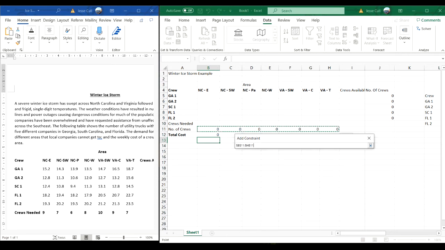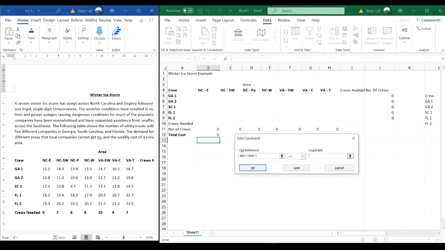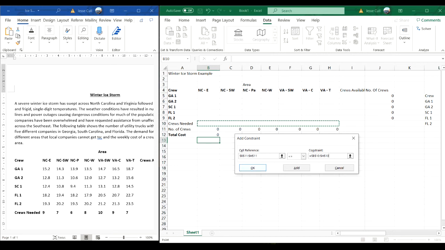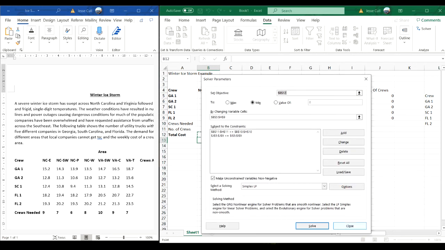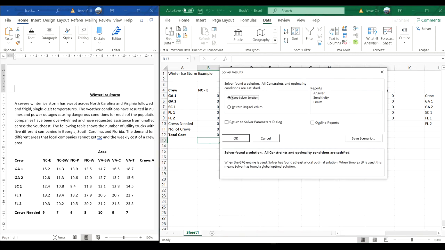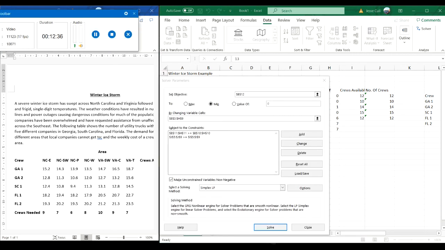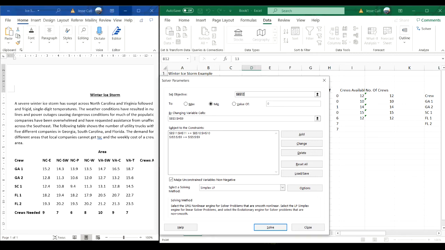Number of crews must be less than or equal to crews needed. Okay, so we hit solve. Okay, I figured out what my mistake was. I just made a simple error with my signs.